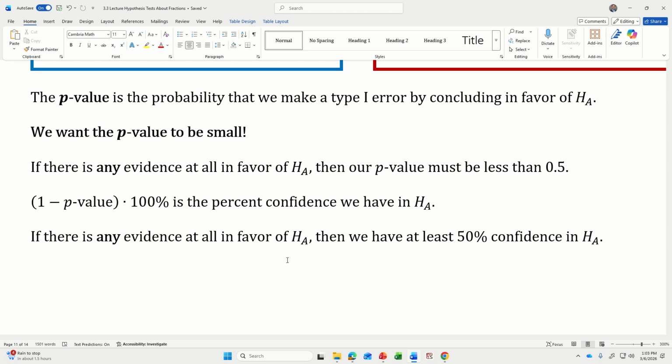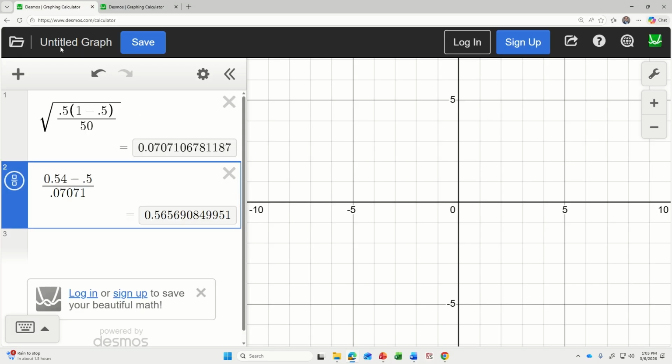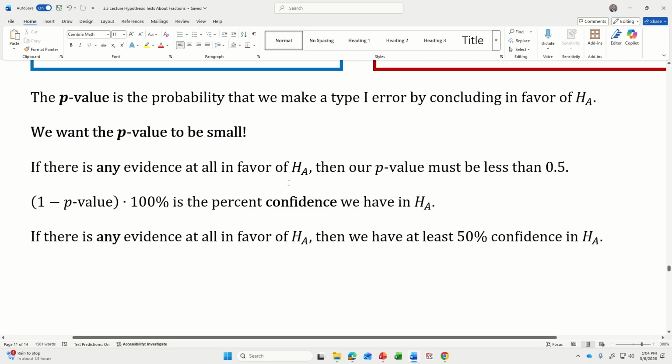If I take 1 minus my p-value and multiply that by 100%, that's what we call the percent confidence that we have in our alternative hypothesis. Like in the example we just worked, we had a p-value of about 0.28. A p-value of 0.28 would mean I have about 72% confidence in my alternative hypothesis.